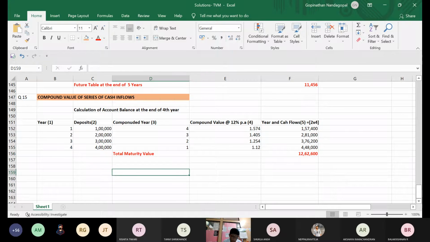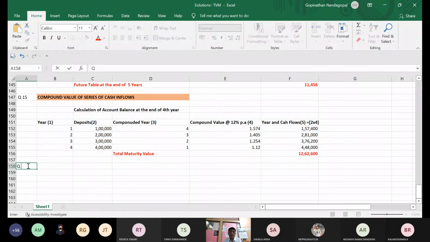Yes, sir. Now Shukla, can you read the 16th problem? Ritesh pays a monthly installment of rupees 2,000 towards a recurring deposit with a financier. The rate of interest is 6% per annum, compounded monthly. What is the maturity value of this recurring deposit after 10 months? Now we'll go for question number 16.